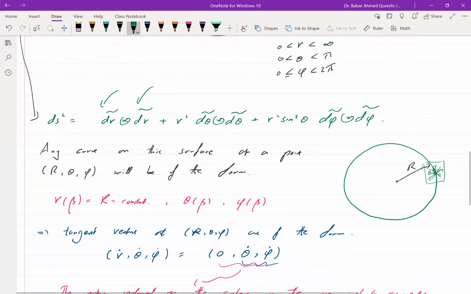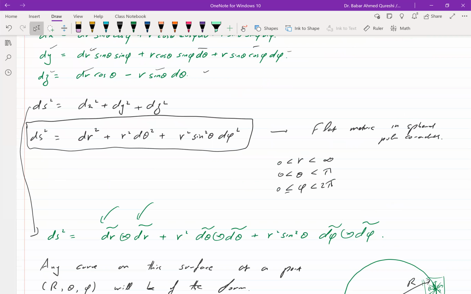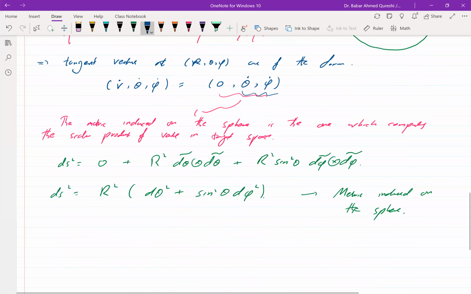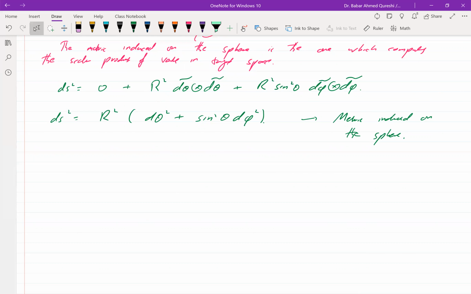Some people sloppily say, oh, I'm staying on the sphere, so I'm not changing r, so dr is zero, and then you retain this. So it's kind of the same. I think this should be enough. I'll come back to another point of view probably at the end. I don't want to waste time right now.